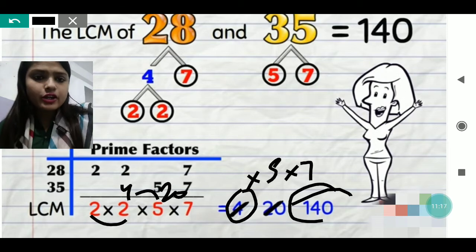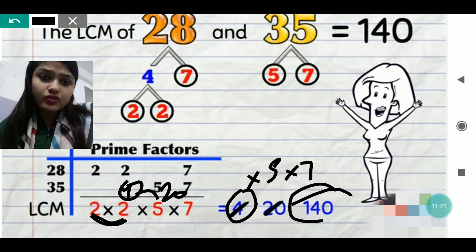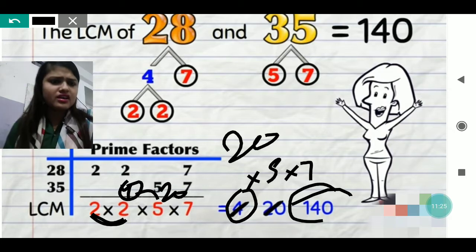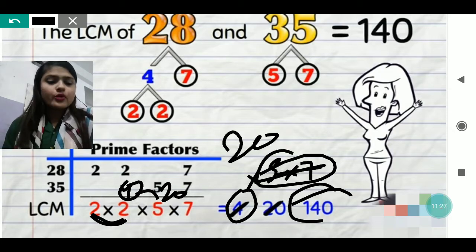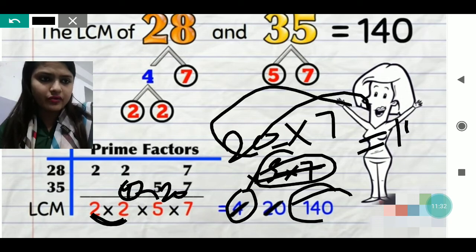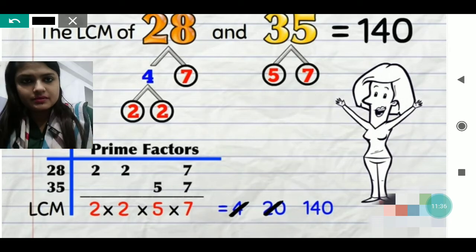Like 2 into 2 it is written, that is 4. Now 4 into 5, that is 20, and then 20 into 7. Then you will get 140. That is the LCM of 28 and 35.